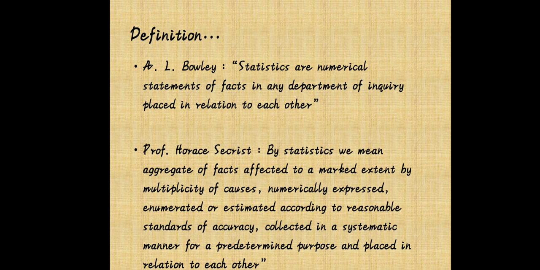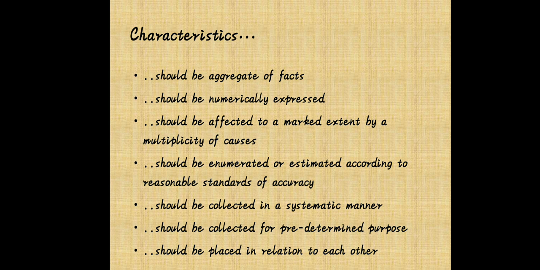Now we'll go with the characteristics which we can find out of these definitions. The first characteristic is that statistics should be an aggregate of facts. Aggregate of facts, that is, we collect data, but as we are human beings, we have some kind of limitations. So we cannot collect the whole data from each individual or each head.